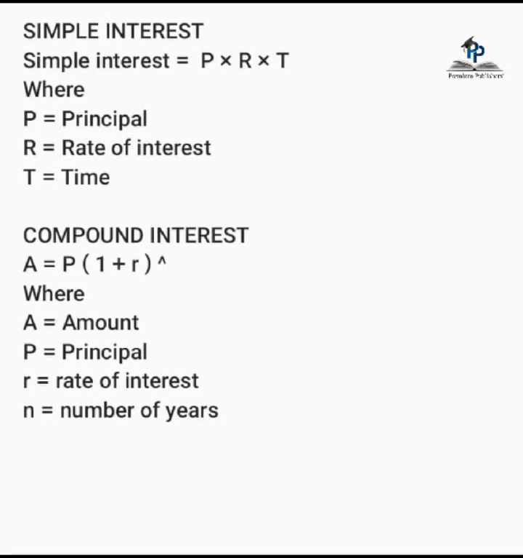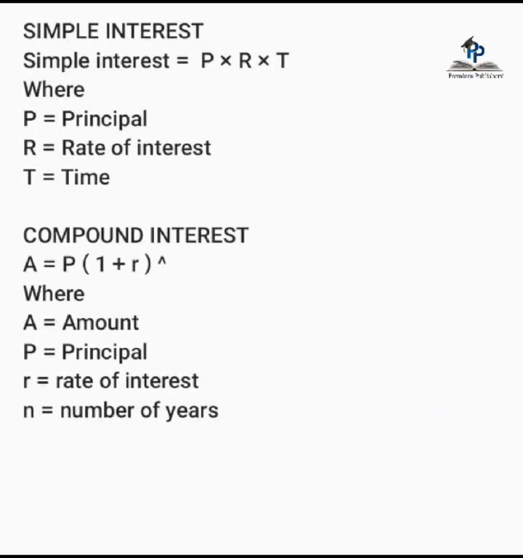So the distinguishing factor between simple interest and compound interest is that in the former, the interest is calculated on the principal, while compound interest, which is the latter, is calculated on both the principal and the interest. It is that compound interest that is used.